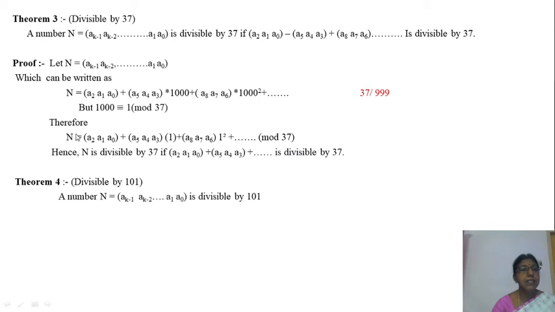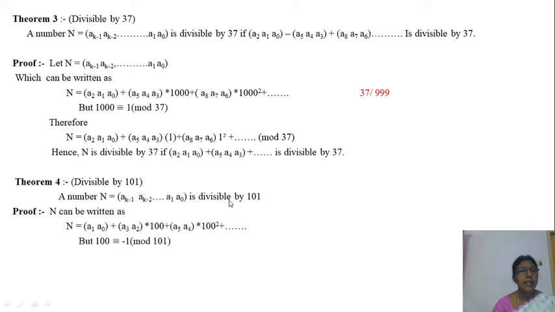Now if this sum is divisible by 37 and n is also divisible by 37, then n minus this sum must be divisible by 37. So our conclusion is n is divisible by 37 if this sum is, that means the RHS is divisible by 37.